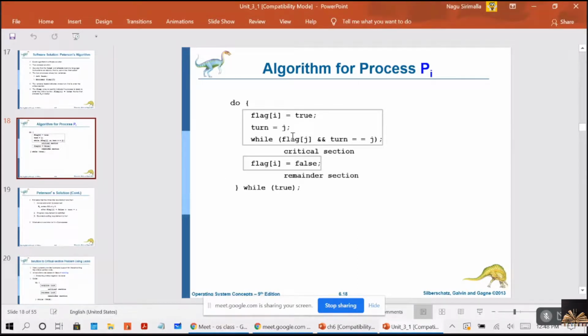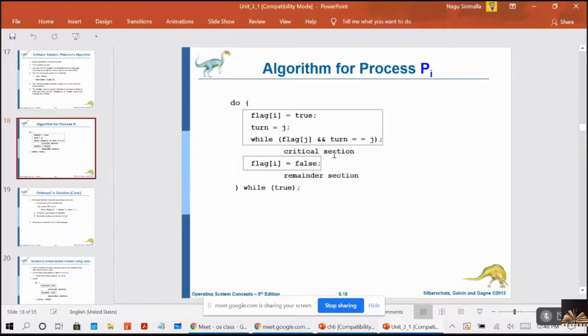That means next it is giving the chance to j, right? Now here, if Pj is executing flag of j equal to true after turn becomes j, now turn is j and flag of j is equal to true, then j is allowed into the critical section.